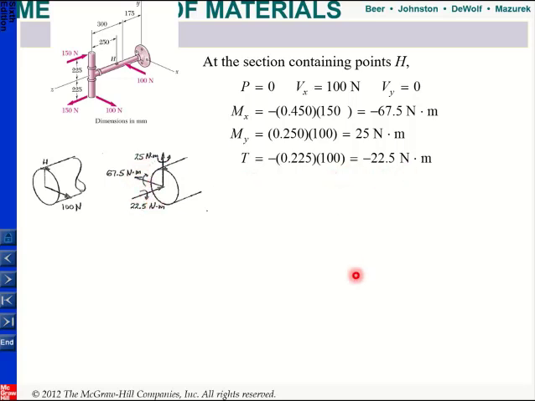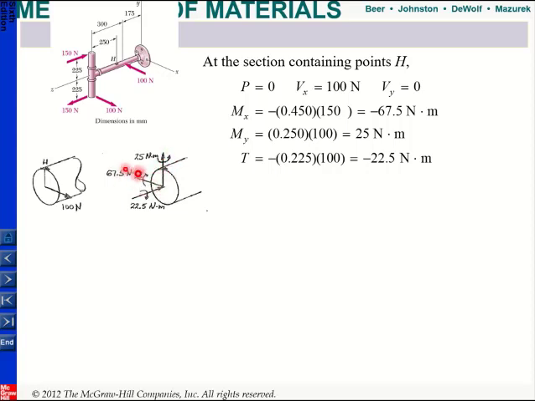This is important because now I'm looking at point H, so I need to know what kind of shear or normal stresses I can get. Since this is in the mid plane, I know that this 100 Newton will create a shear stress at point H. Since I'm here, this moment, which is My, will not create any normal stress.